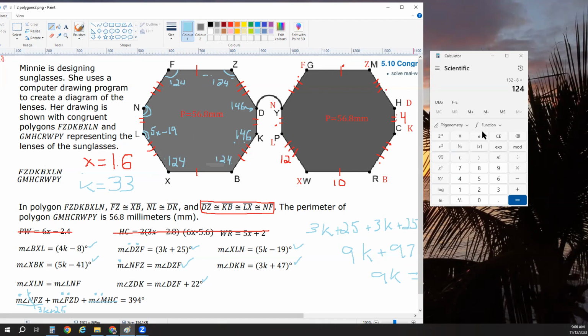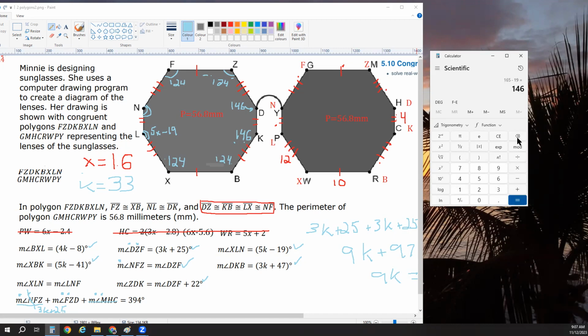All right, then we have 5x minus 19. 5 times 14 minus 19 equals 51. That doesn't look like a 51-degree angle to me. I'm doing that again. I think I put the wrong numbers in there. 5 times 33, that's more better.